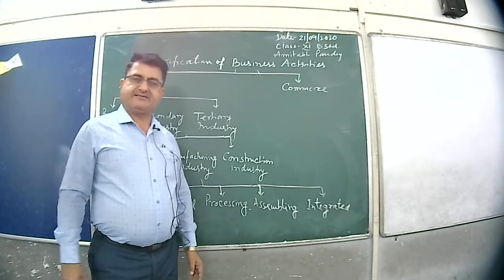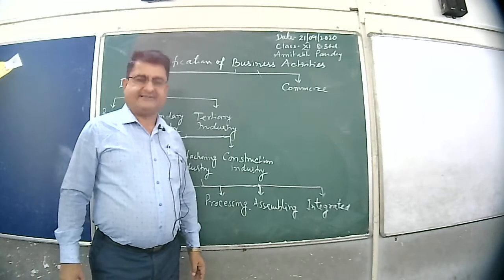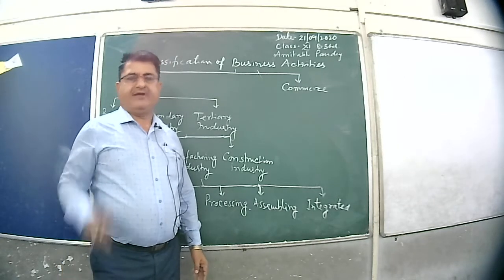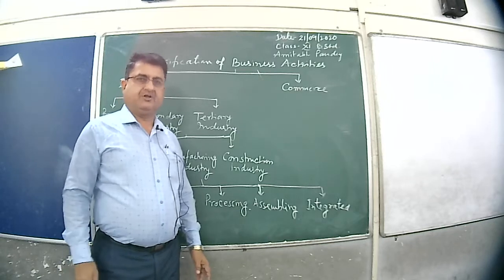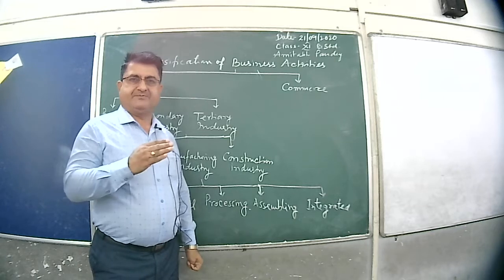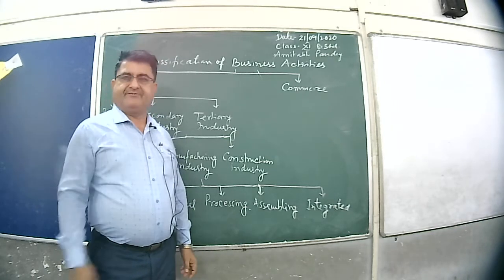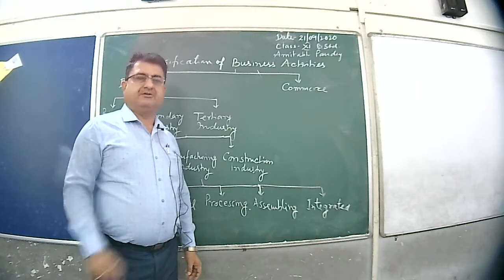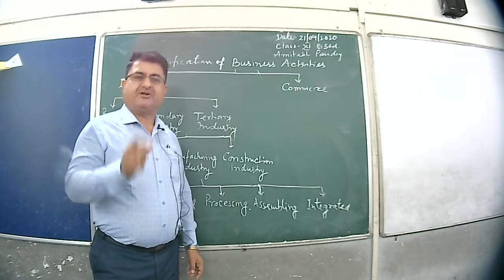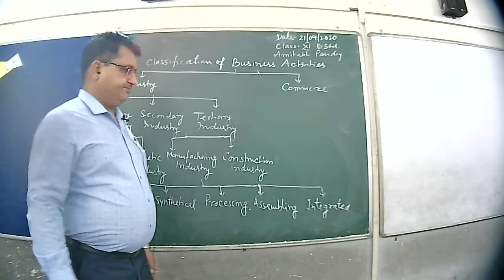At a later stage, I also concluded the objectives of business, where I classified the objectives of business into two, primary objective and secondary objective. The primary objective focuses on fulfillment of economic objectives, that means earning of profit.